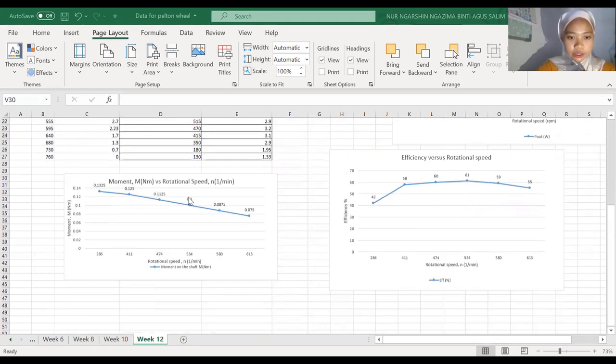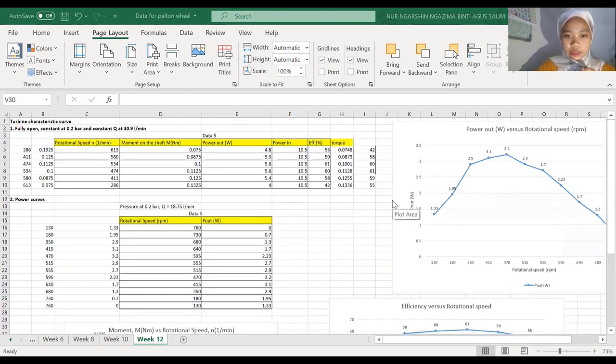So I get this graph, which shows that the data was decreasing. What we can conclude from this graph is that the higher the rotational speed, the smaller the moment of the turbine.